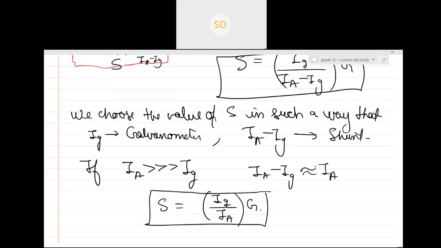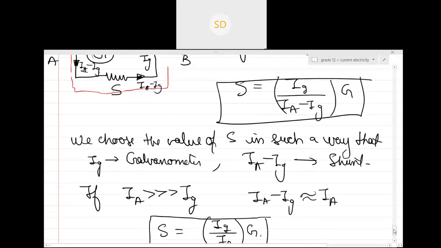Let me teach you how to make a voltmeter as well. Please write this thing. Once you're done writing, tell me.